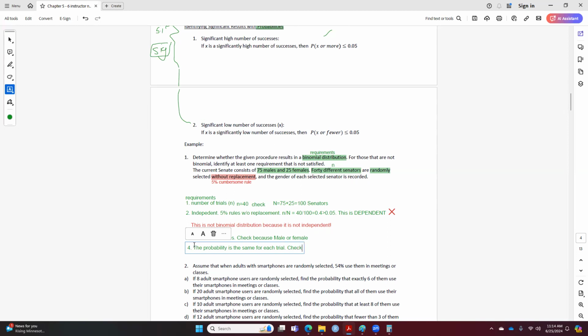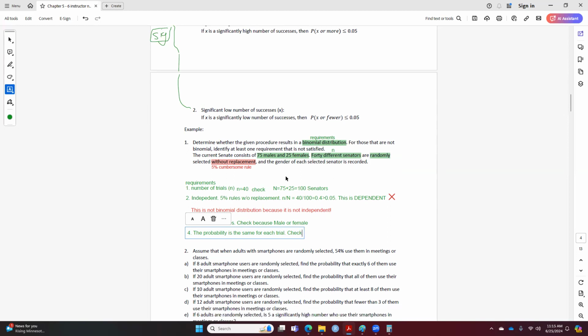Some of you will say that, well, David, there are more male than female, so it's not going to be the same. No, I will tell you that this is checked. So let's say that you're picking 40 senators randomly, right? So you go to the House of Senate, and you pick people out. So let's say, what's the probability of the first pick in the Senate being male or female?